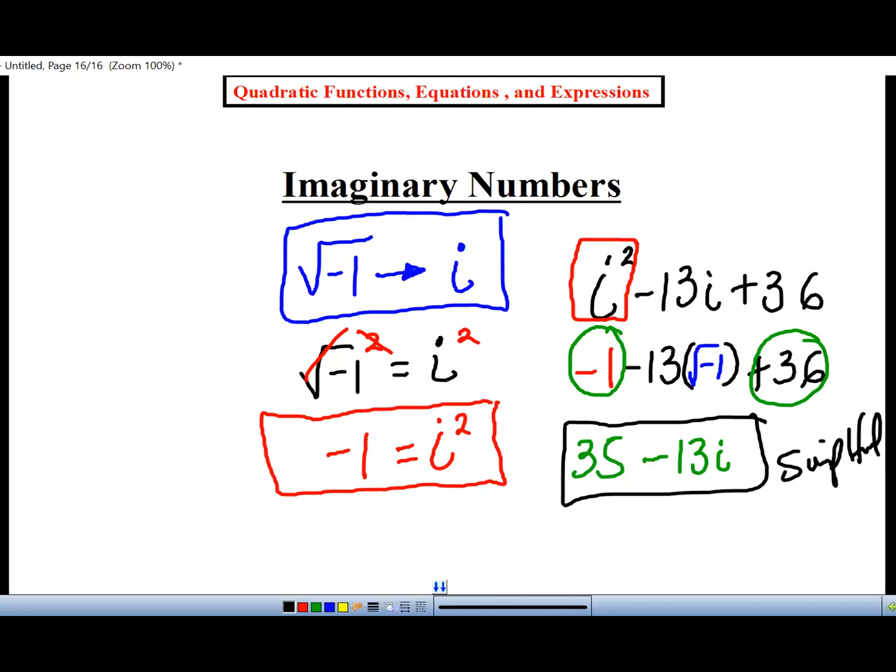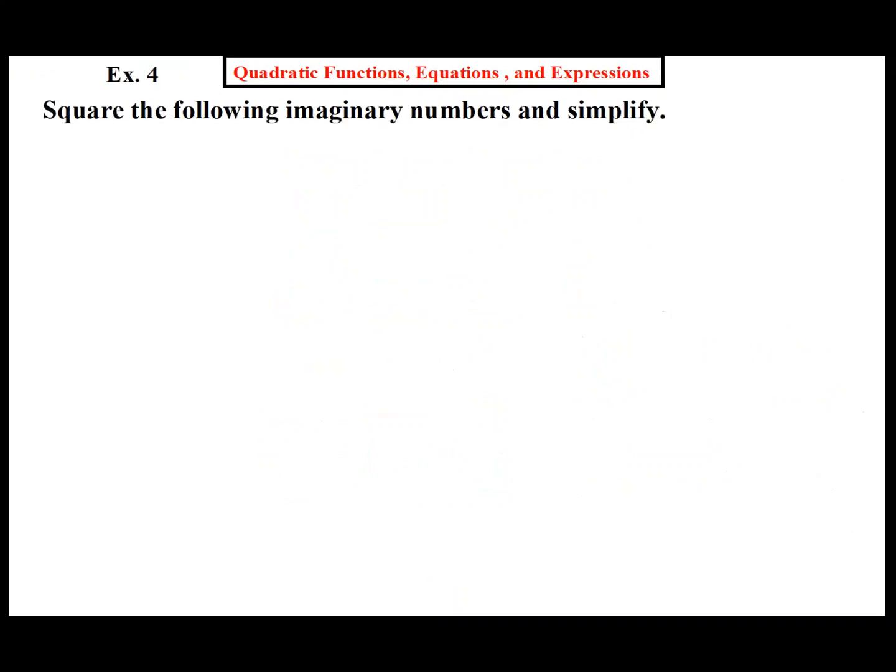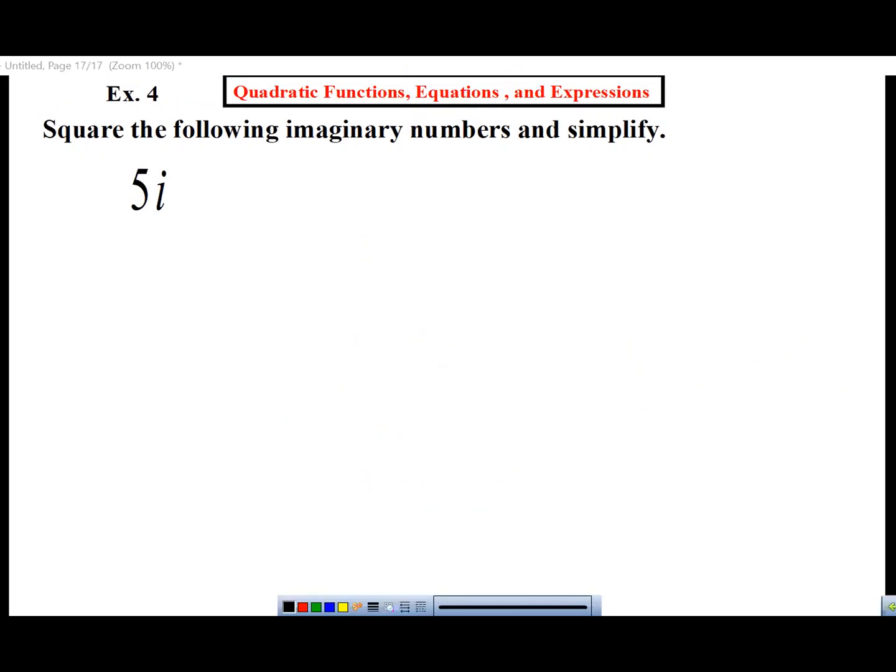Here we go. Example 4, don't copy the instructions. It just says square the following imaginary number and simplify. So copy this one, 5i. They want us to square it.